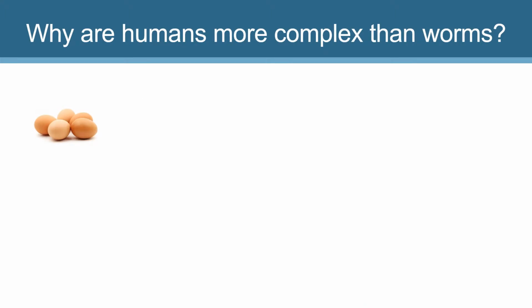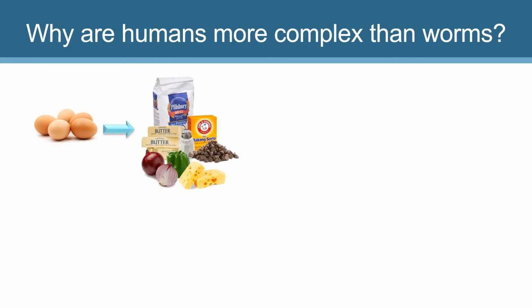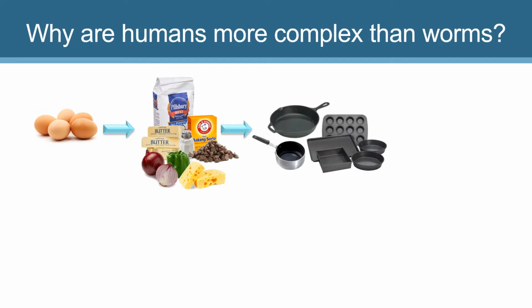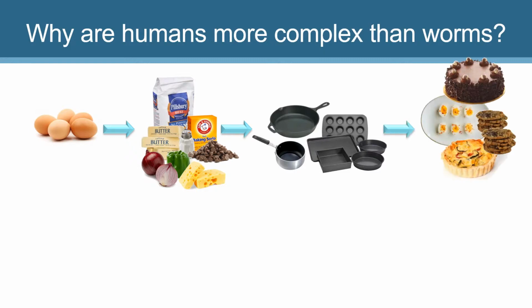So why are humans so much more complex than worms? We can use an analogy from nutrition to explain this phenomenon. If I take a simple egg, I can combine it with any number of different ingredients. I can prepare or cook those different ingredients using different utensils at different temperatures and with different techniques. And I can create a whole host of different products at the end.